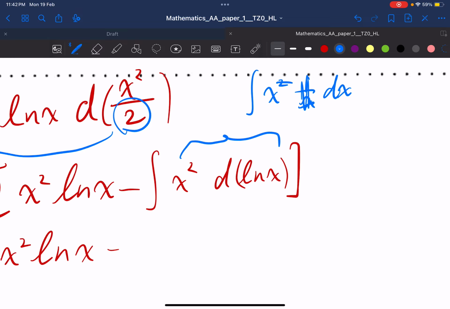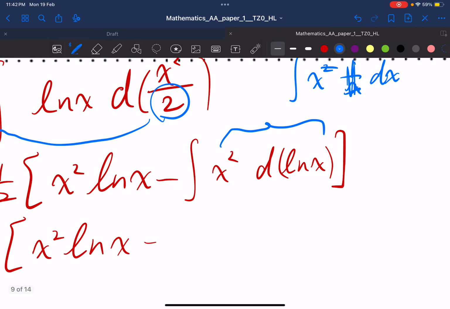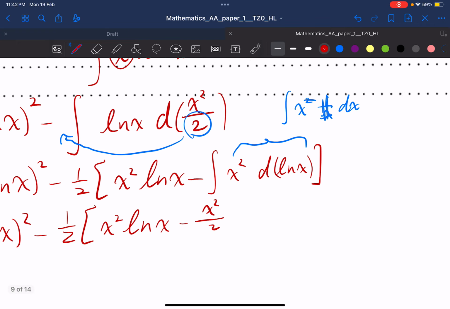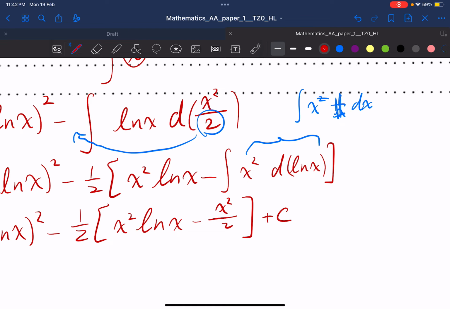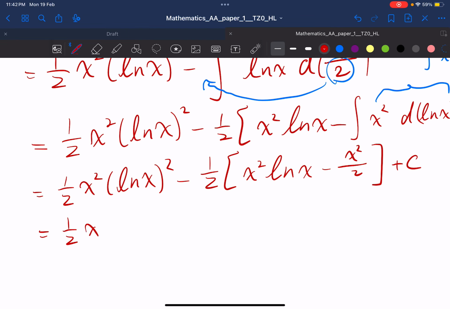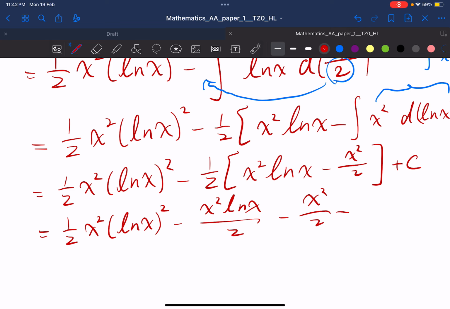So it's just integrating x dx, which is x squared over 2, just the normal power rule, and then plus c because there's no more integration sign. So 1/2 x squared ln x squared minus x squared ln x over 2 minus x squared over 2 plus c.